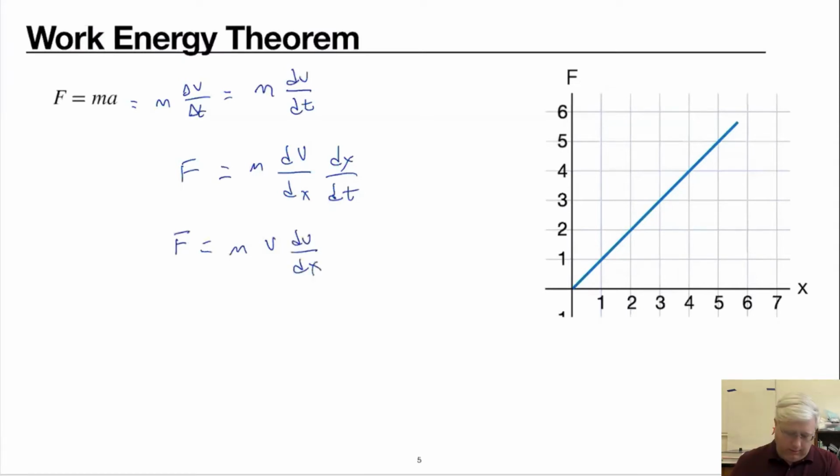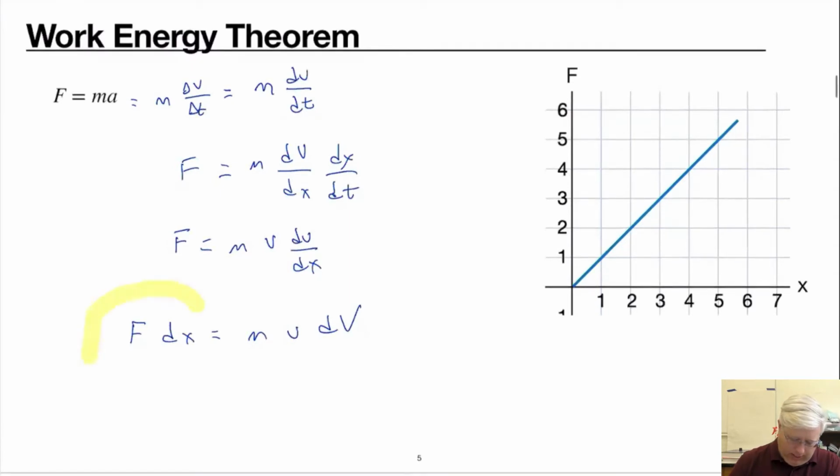Okay, and so now we see here we have a force and displacement term, and so I'm going to put those two together. F dx equals m v dv. And so this side of the equation that we've just created, F dx, we define this quantity to be work.